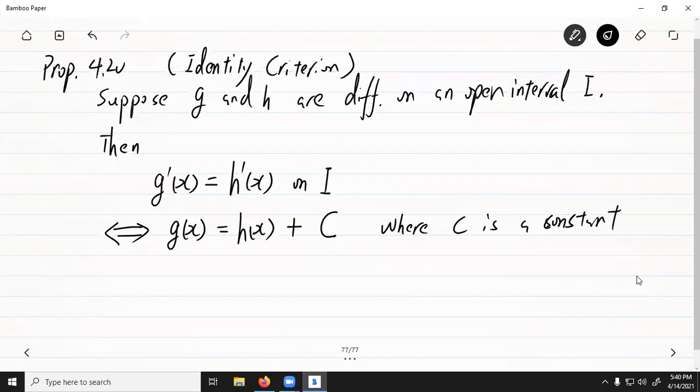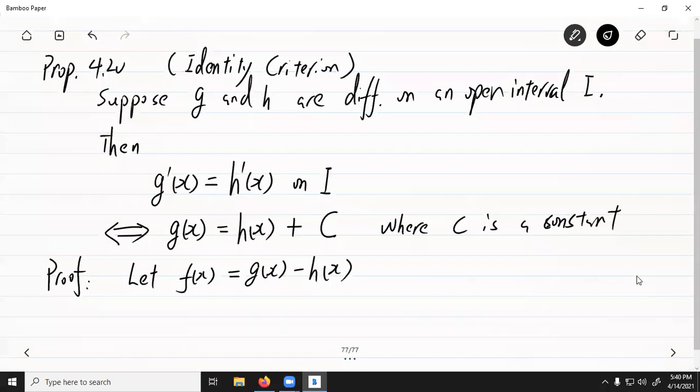Okay. So now let's prove it. This time we don't want to prove one side and then the other side. We want to prove both sides simultaneously, at the same time. So we let f of x equal g of x minus h of x.